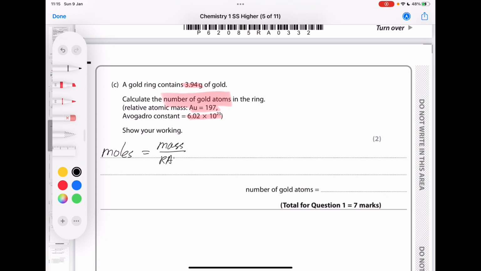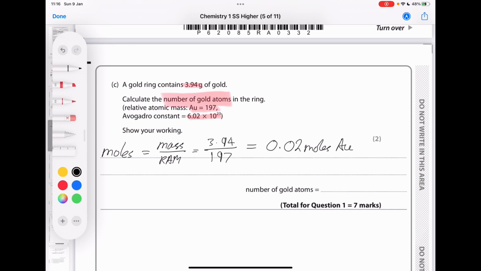divided by the relative mass, which is going to be 3.94 divided by 197, which gives me a number of 0.02 moles of gold.